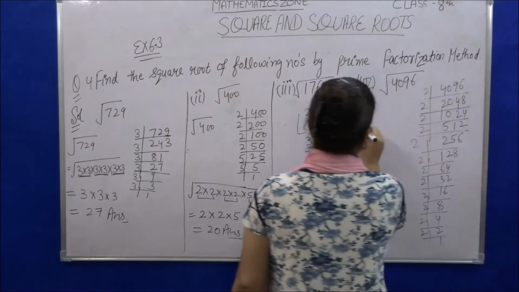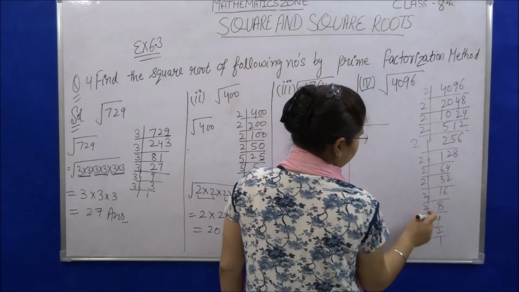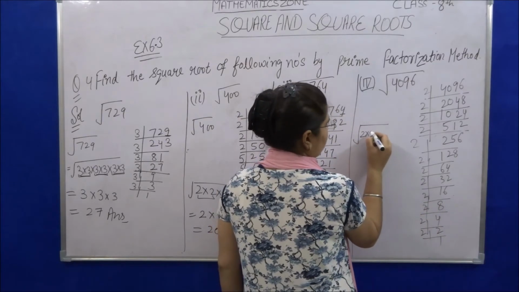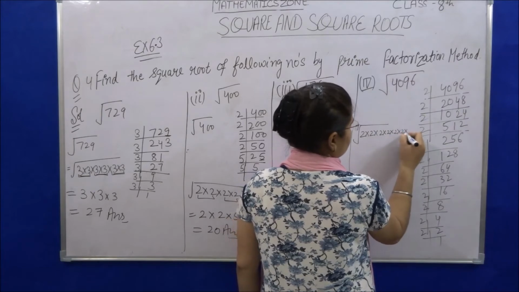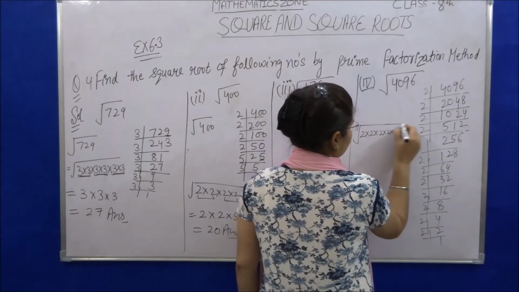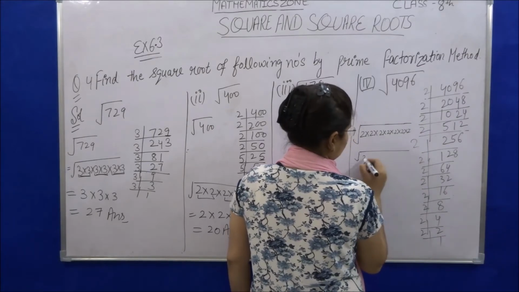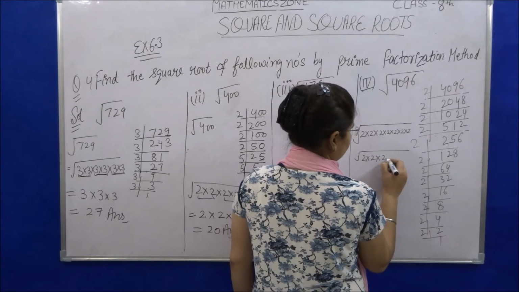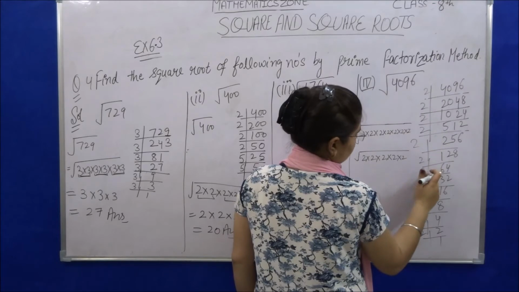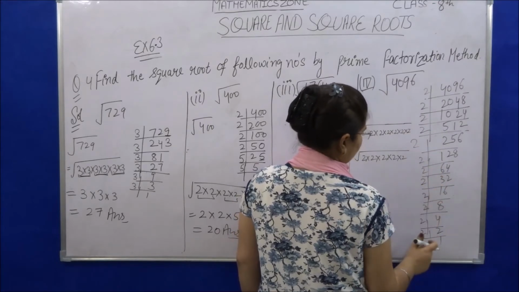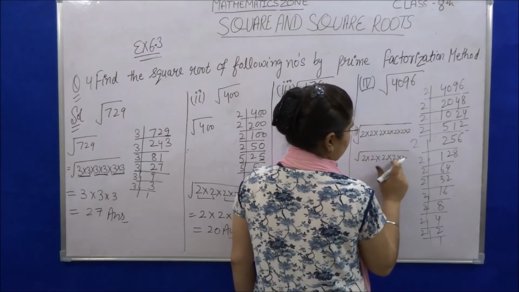So the number of 2s is 1 2 3 4 5 6 7 8 9 10 11 12. So 12 2s.